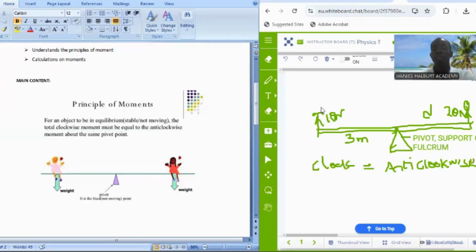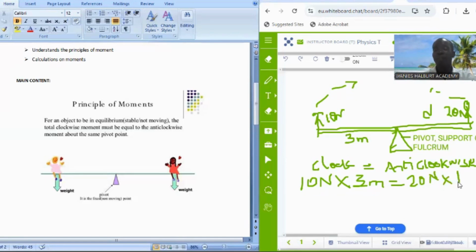So now here we see this. Let's assume this is moving in the clockwise direction, and this one is moving in the anti-clockwise direction. We know the weight: 10 Newton, multiplied by the perpendicular distance, which is 3 meters, equals the anti-clockwise moment. The force there, which is the weight, is 20 Newton, multiplied by d, because we don't know the distance.